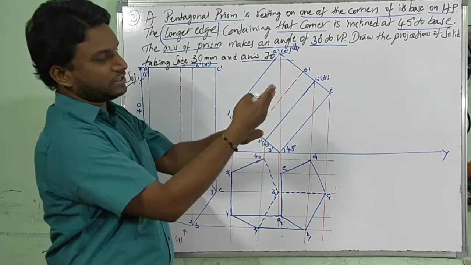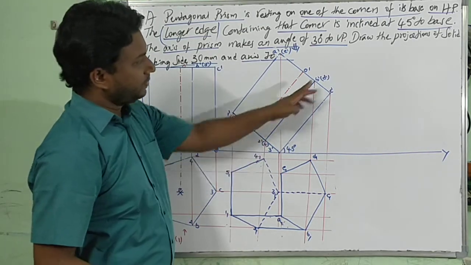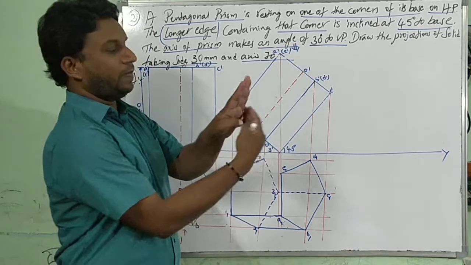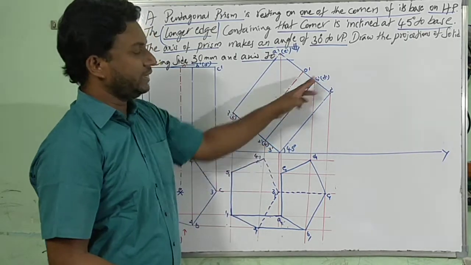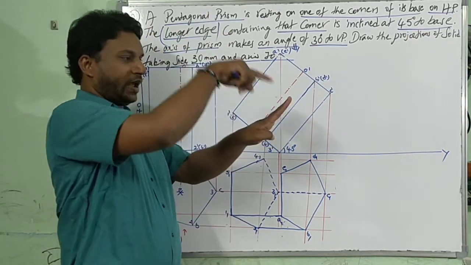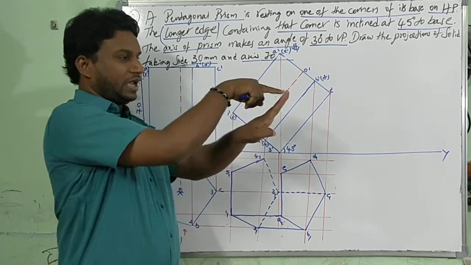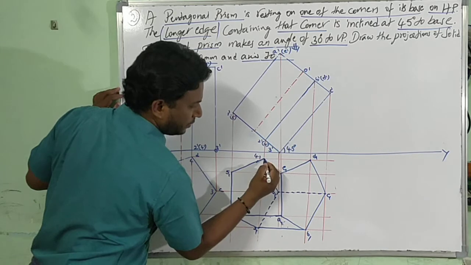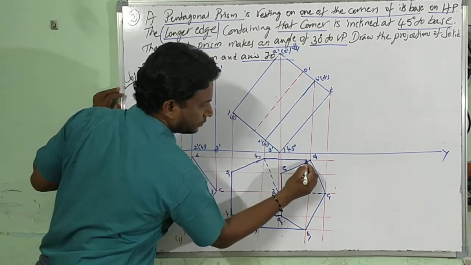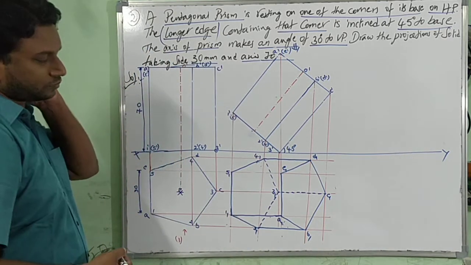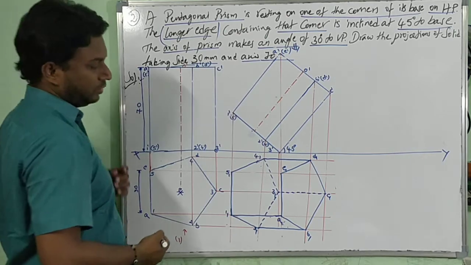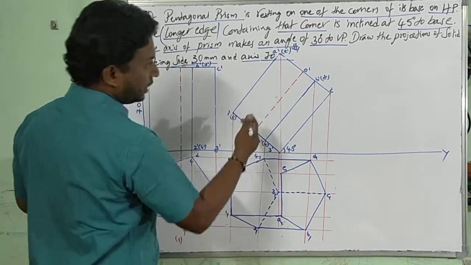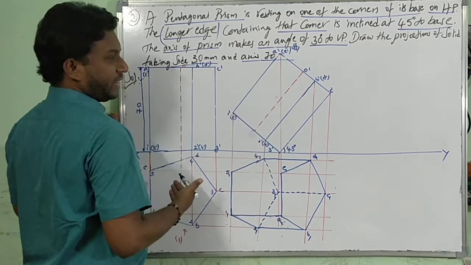But here I can see only this line, which is D dash, 2 dash. Now the back side line I have kept in brackets, D dash, 4 dash. From the top I can see this thick line, back side also thick line. So this gives (4), (1), D1.